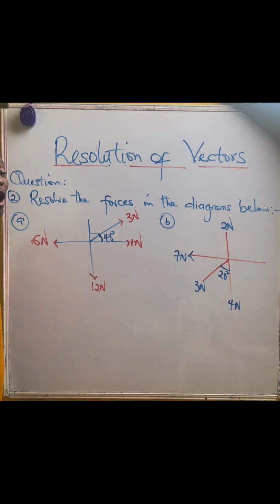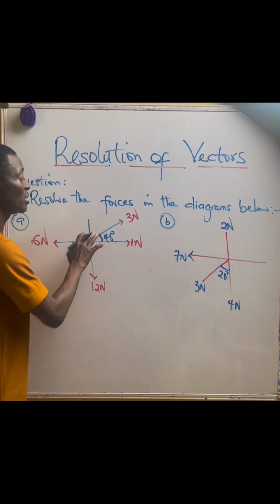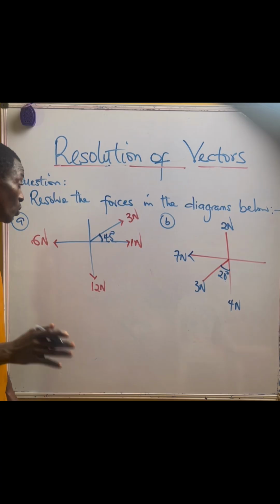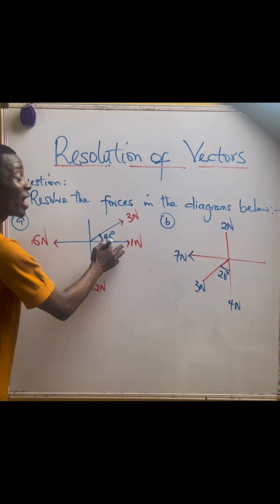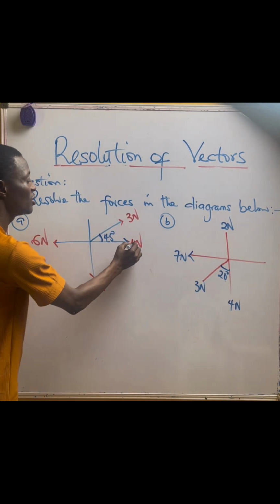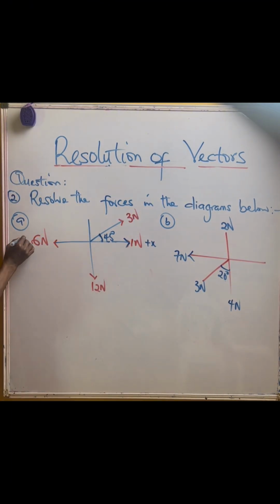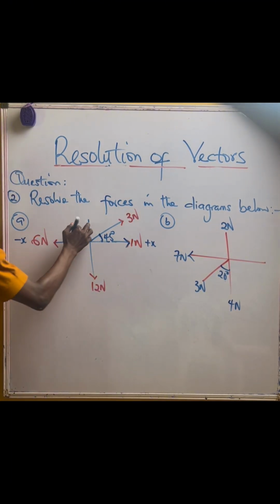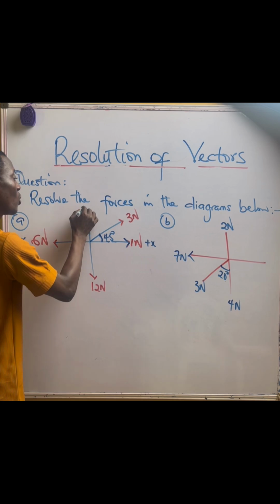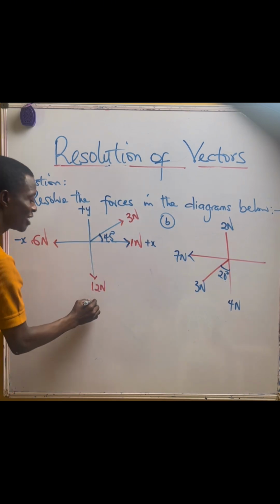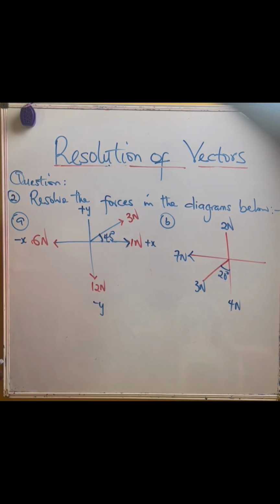So let's see how we can resolve these forces and see what our answer would eventually be. For the x-axis, don't forget your x-axis here is your positive x. Your x here is your negative x, right? This is the y-axis. Your y here is your positive y, and your y here is your negative y. Do you understand?